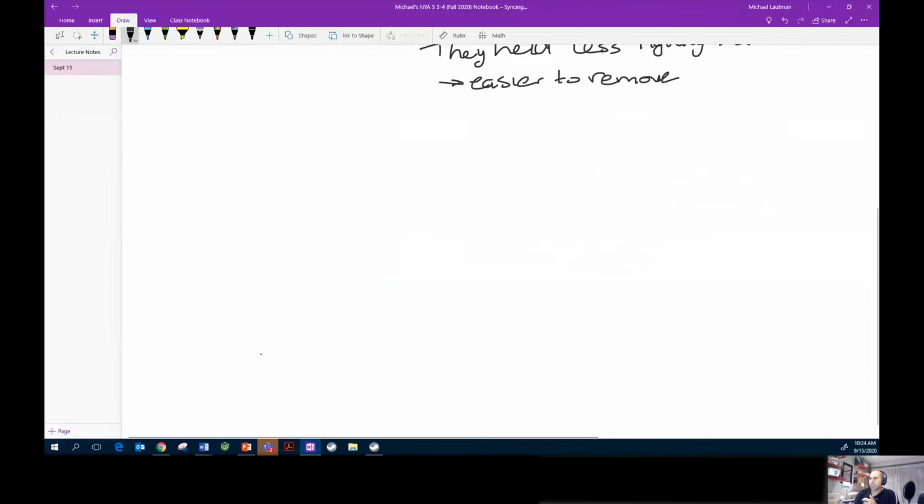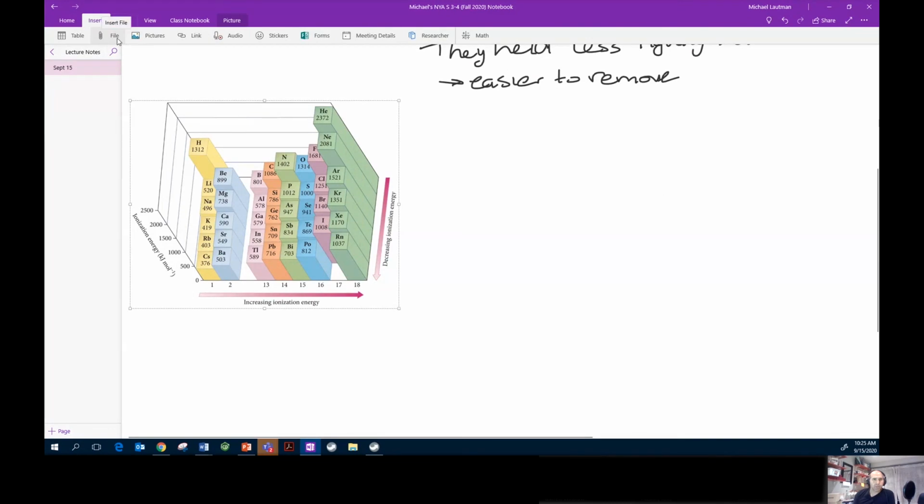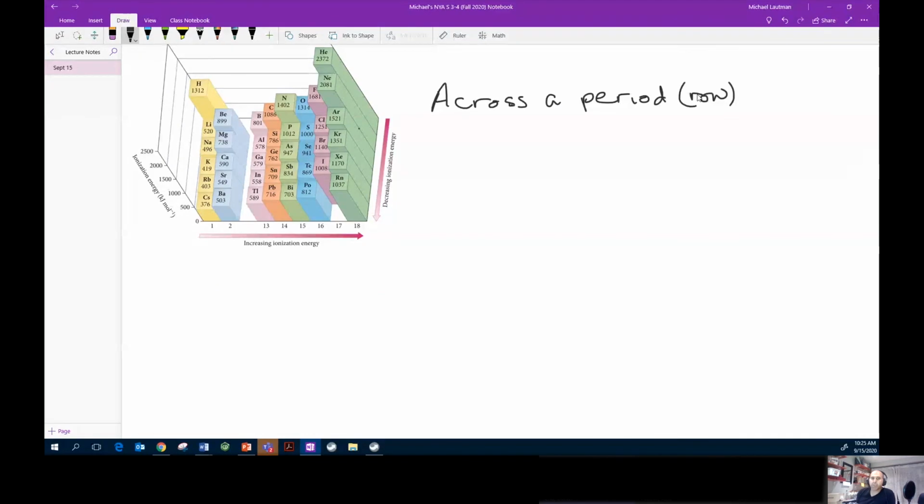What do we know? Across the period, the effective nuclear charge increases, and then the radius gets smaller because the effective nuclear charge goes up.